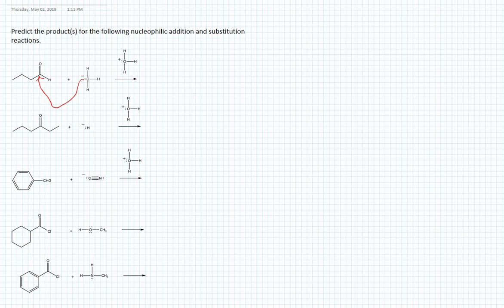So we will have here a tetrahedral intermediate, because the pi electrons will flow as a lone pair on oxygen. So this will be a negatively charged oxygen. There will be a hydrogen here, and we have CH3, and then since we have here a hydronium ion, hydronium is going to protonate this negatively charged oxygen.